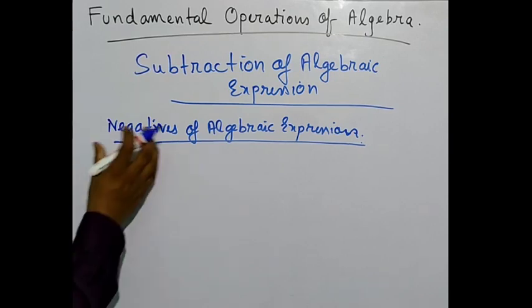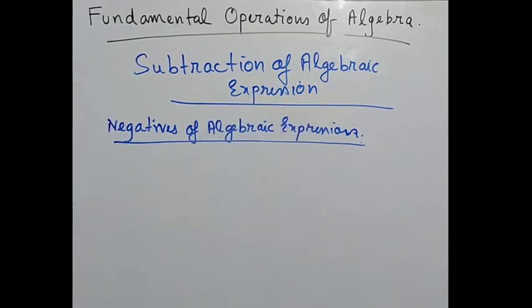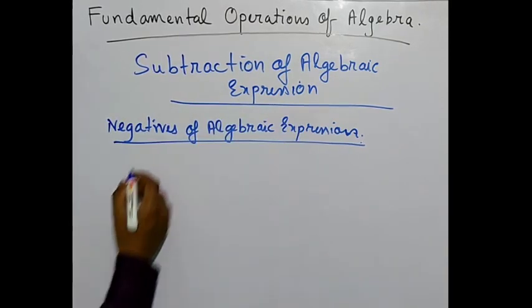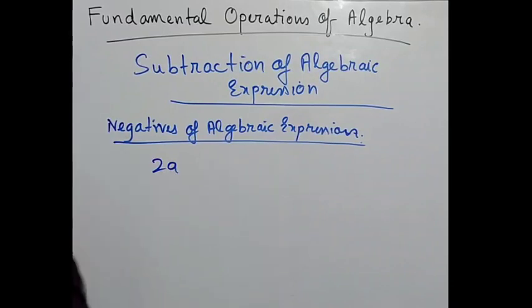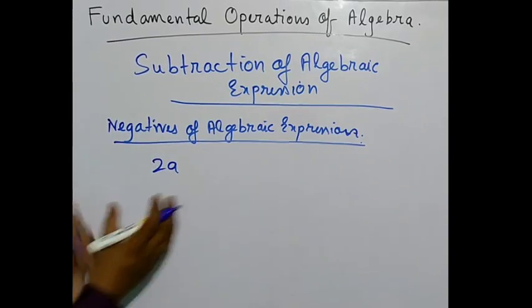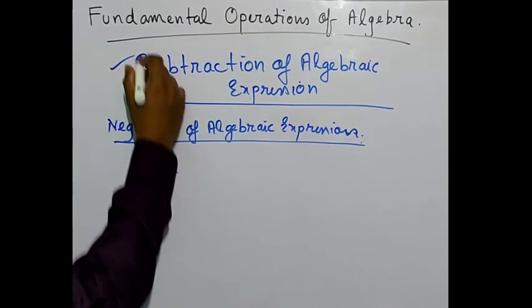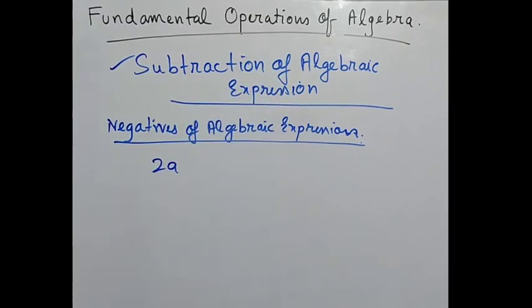So for that reason we have to know the negatives of the algebraic expression which is required to be subtracted. So if you are asked to subtract 2a from any other term, we are just taking single terms right now, before starting subtraction of algebraic expression.